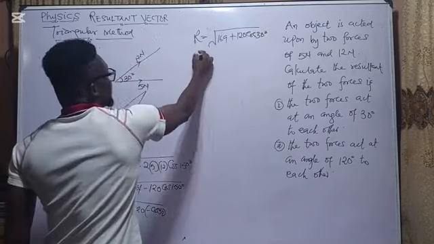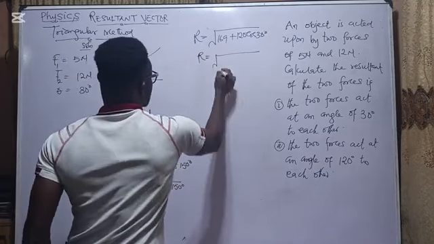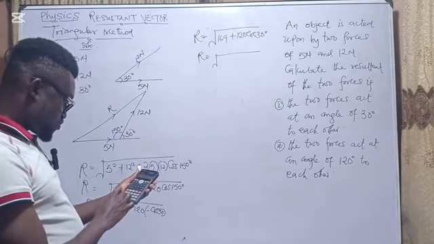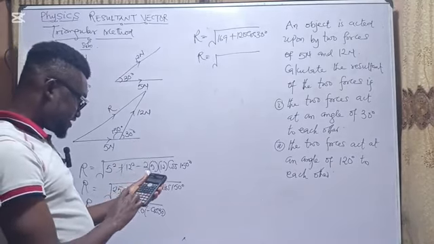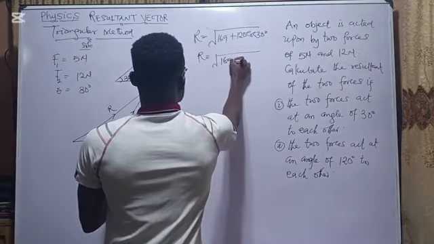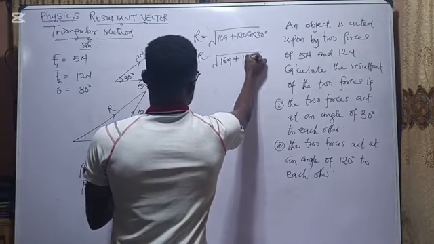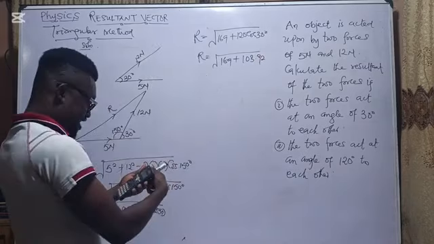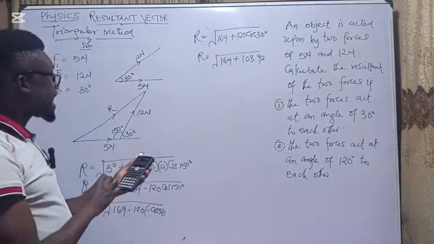Now, we simplify this. 120 cos 30, we are going to have 103.92. Okay, so we add it together.